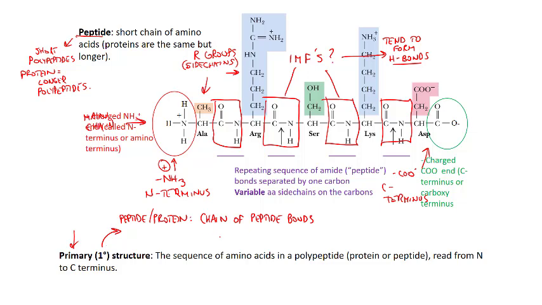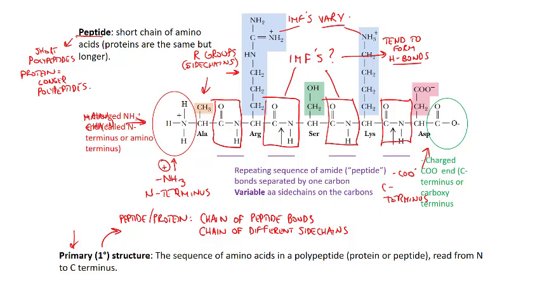But there's a different way you can think of peptides and proteins. You can also think of them as a chain of different side chains. And side chains are a little bit different because the intermolecular forces that each of those can take part in vary. It depends on the type of side chain that you have.